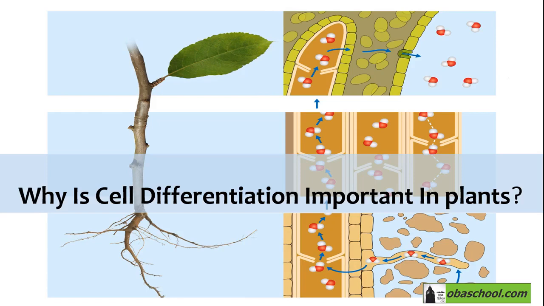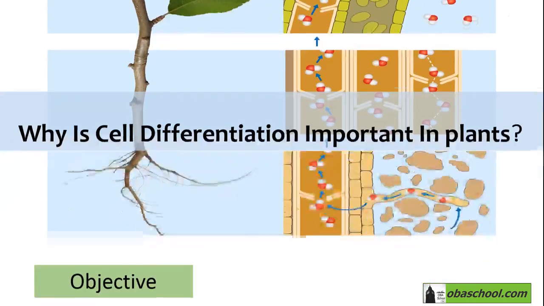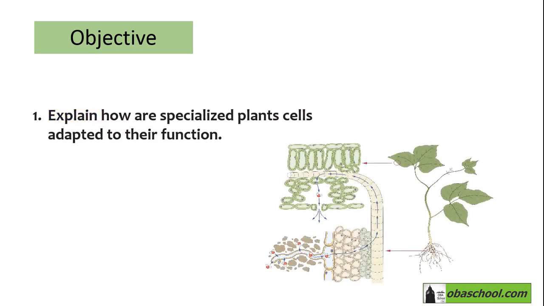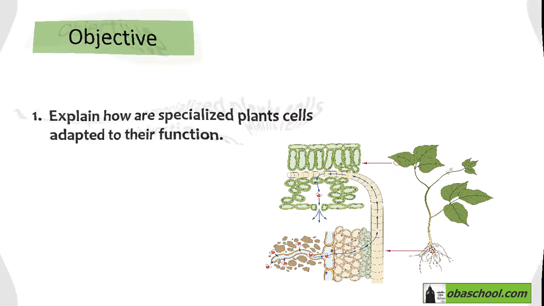So, in this tutorial, we are going to highlight the importance of cell differentiation in plants, and you guys will be able to explain how specialized plant cells are adapted to their function at the end of this tutorial.